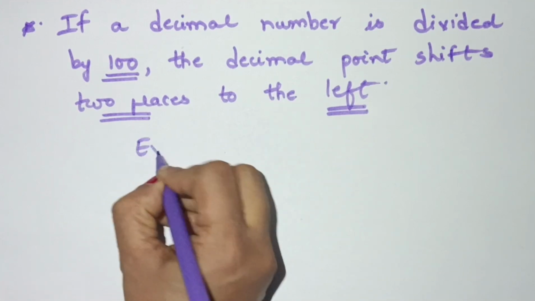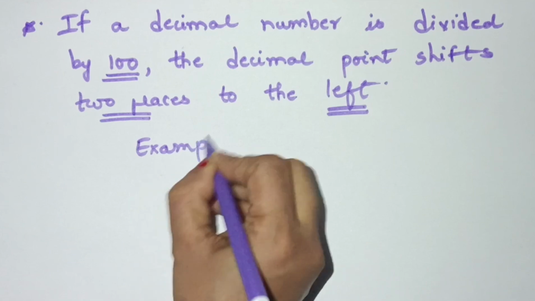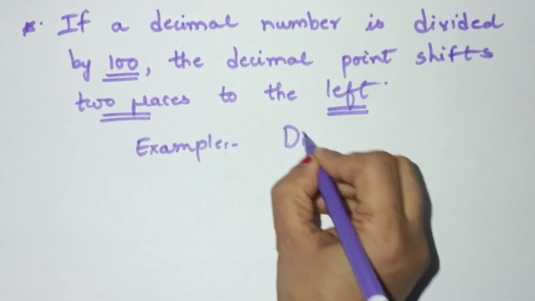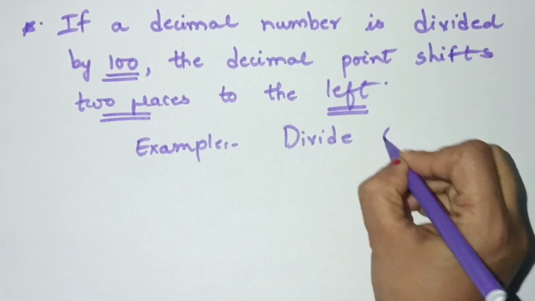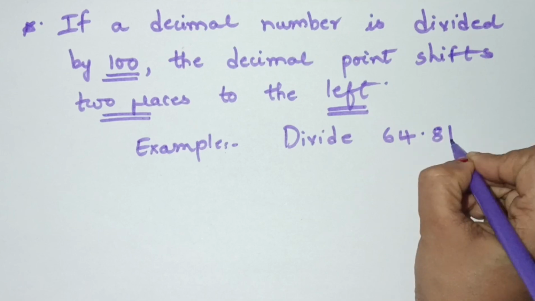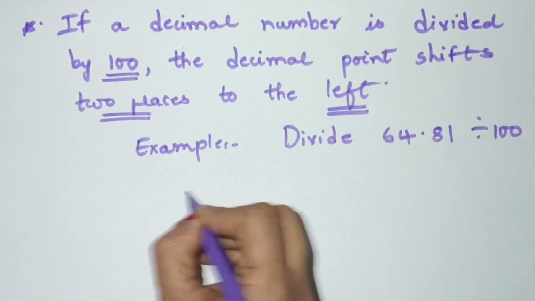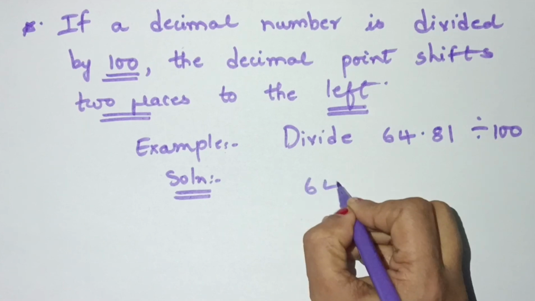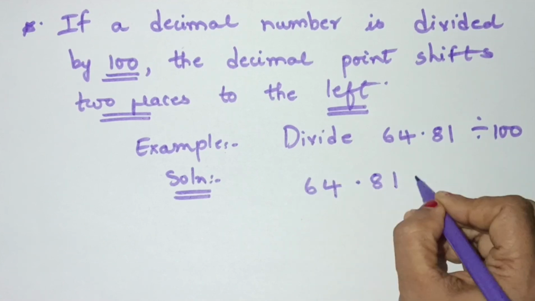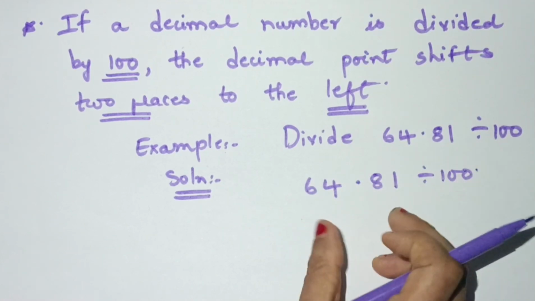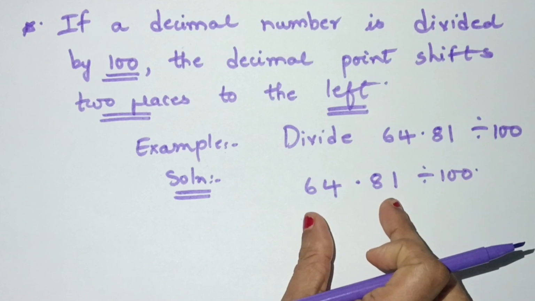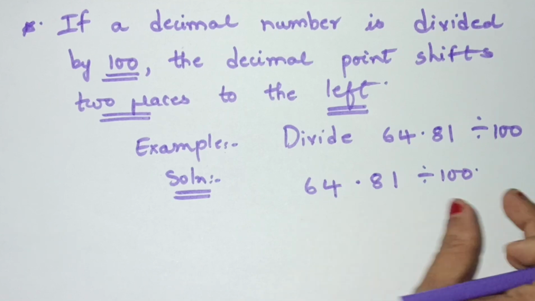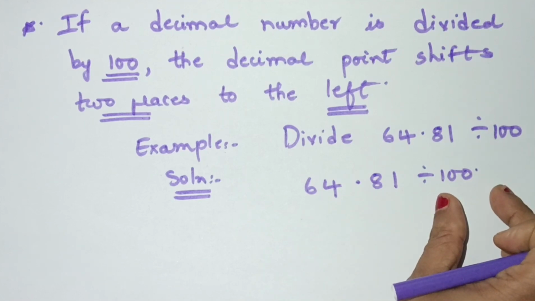Let's see one example. Divide 64.81 by 100. So just see how to do it. What is your decimal number over here? 64.81. Now it is divided by what? It is divided by 100.